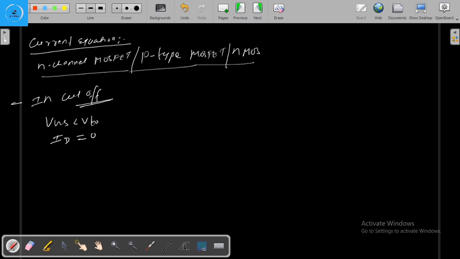Our second region of operation is the linear region.